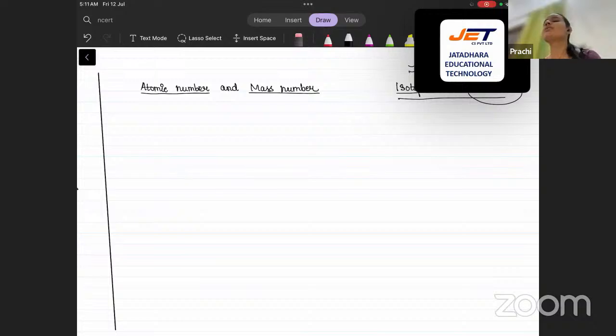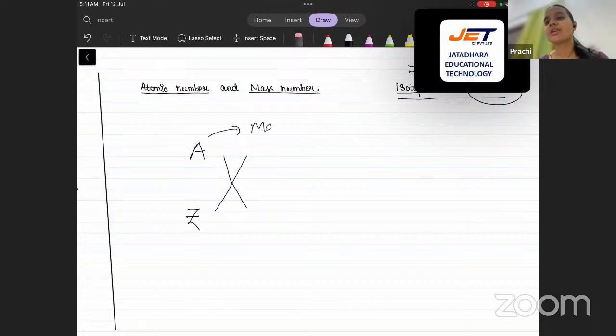And if I know the atomic number and the mass number of the atom, how would I know the number of electrons, protons and neutrons? Have you read about it? What is the atomic number and what is the mass number? If I represent an element with X, then on the lower side we write the atomic number, and on the upper side we write the mass number.